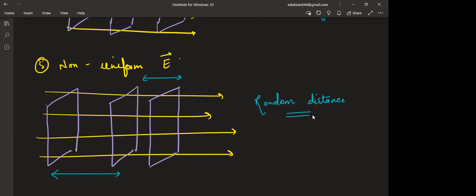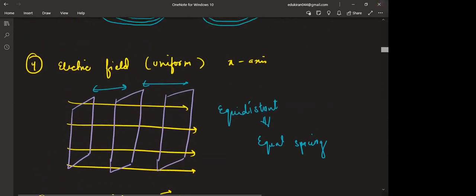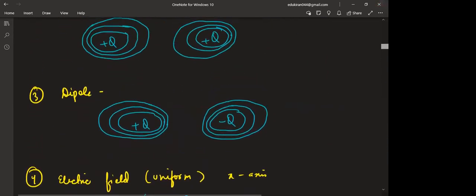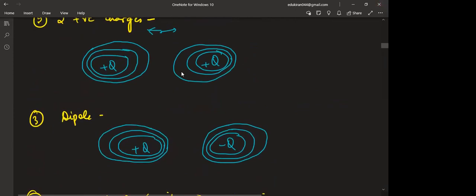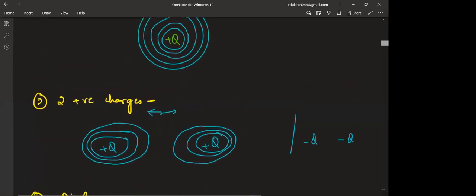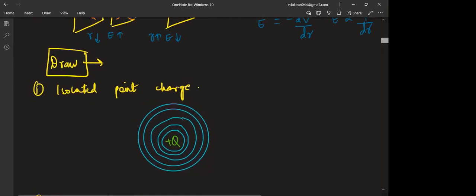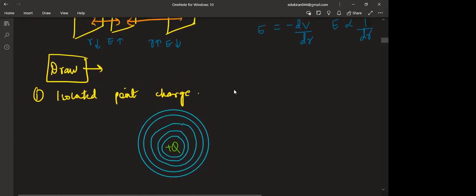So at random distances, equipotential surfaces will be placed. So these can come apart from the properties just to draw. You just have to draw as it is. Even if this is a negative charge, the same thing can occur, because there will also be electric fields in opposite direction. Write it down. This is for an isolated point charge.